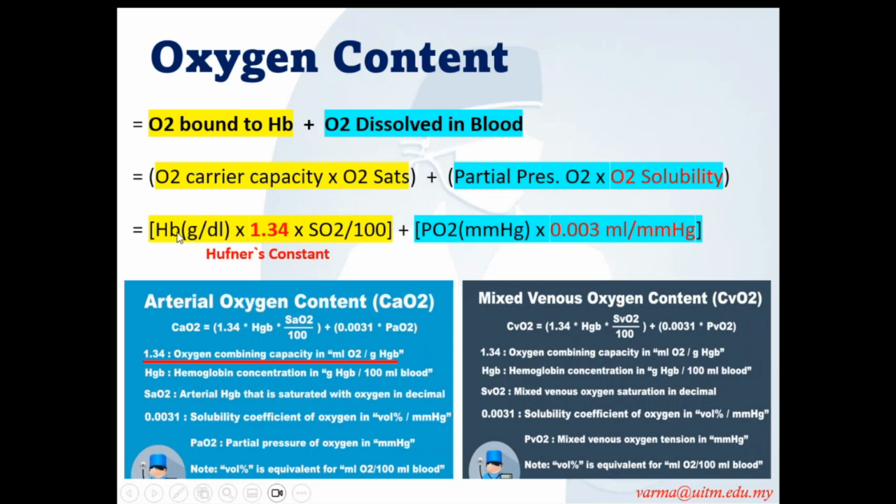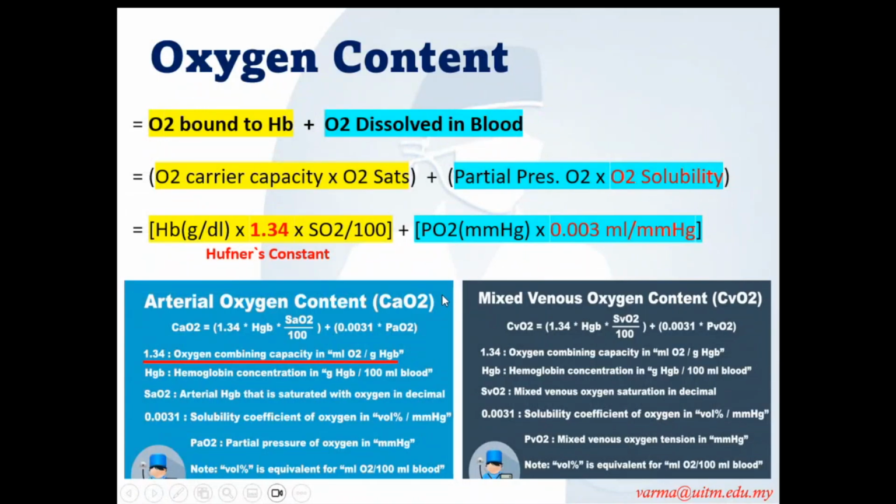So remember this equation: oxygen bound to hemoglobin, you times the hemoglobin concentration times Hüfner's constant, which is the oxygen combining capacity of the hemoglobin, times the saturation of oxygen in decimal, plus the oxygen dissolved in blood, which is the partial pressure of oxygen in millimeter mercury times 0.003 mL, the solubility constant.